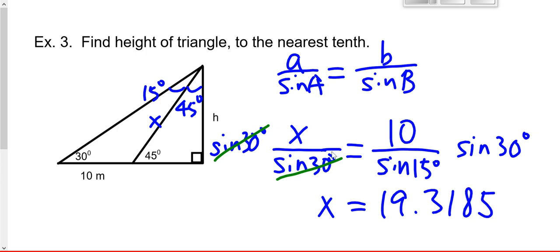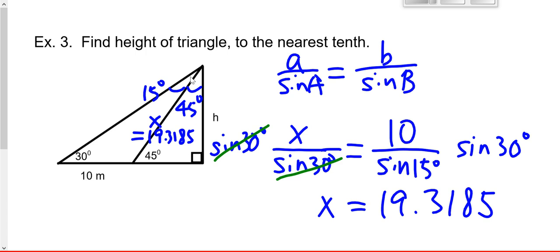This should be good enough. Now we know this. If you want, you can write down x is equal to 19.3185.